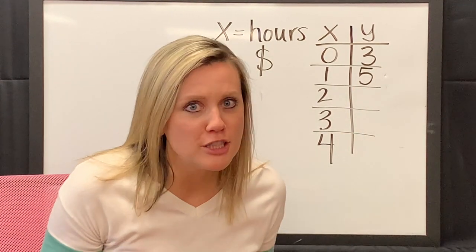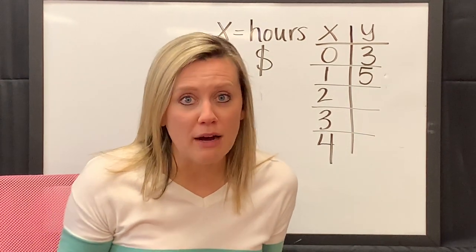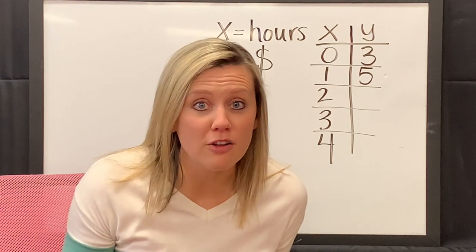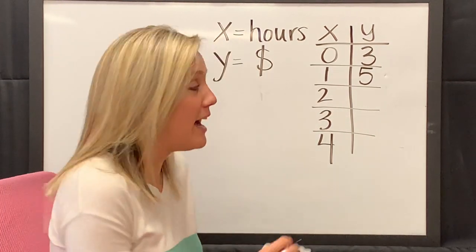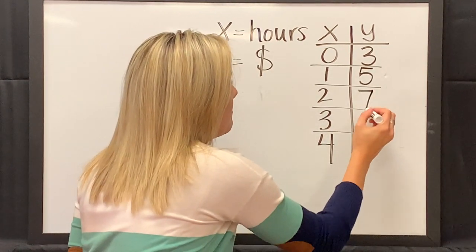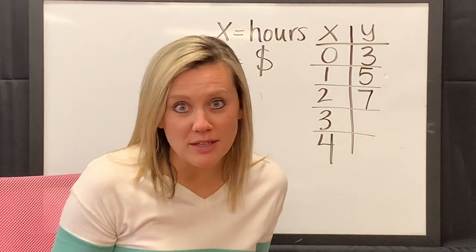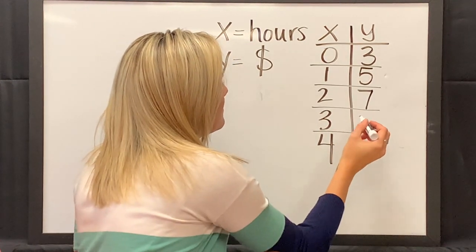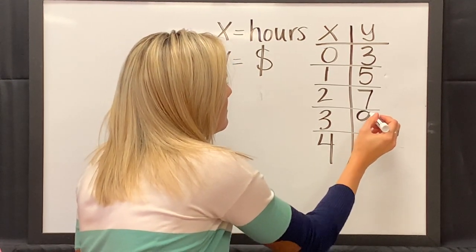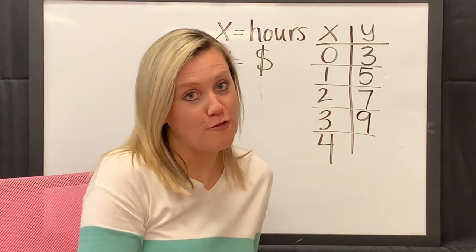Let's pretend you worked 2 hours. 2 hours times the $2 is going to give you $4 plus the 3 that you already have. 3 hours, see if you can do it. 4 hours.